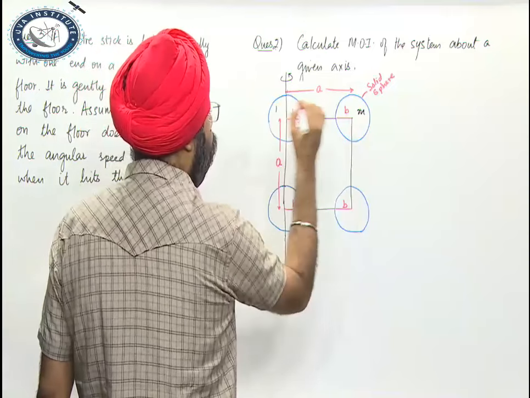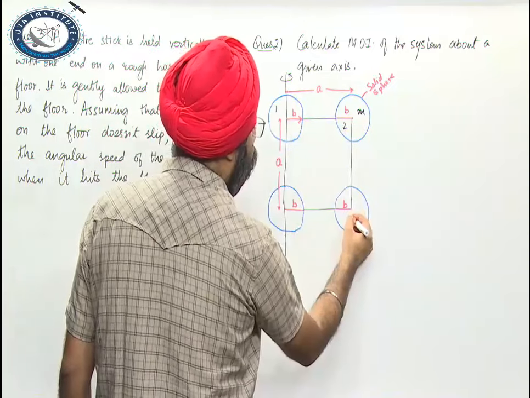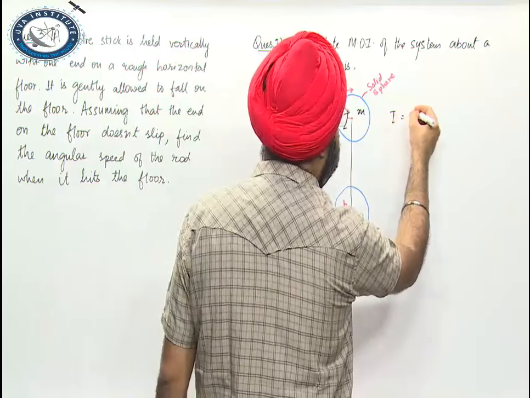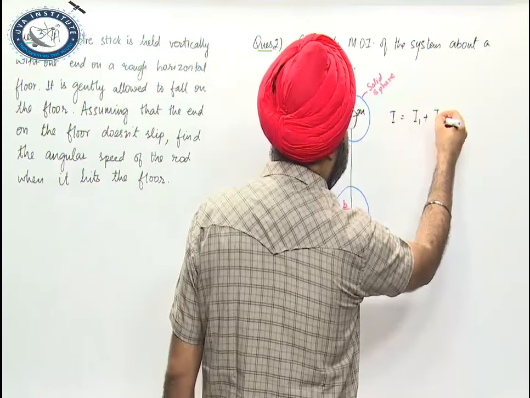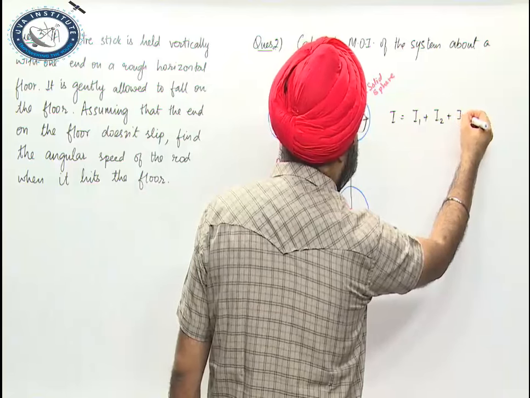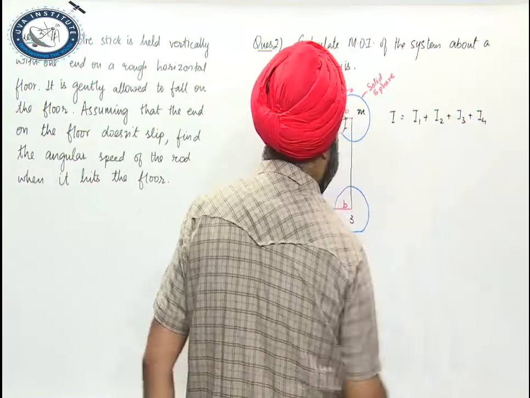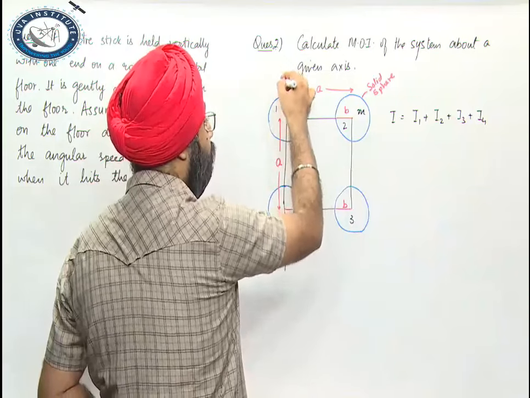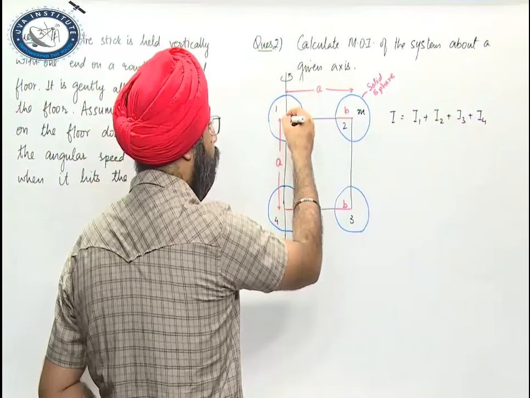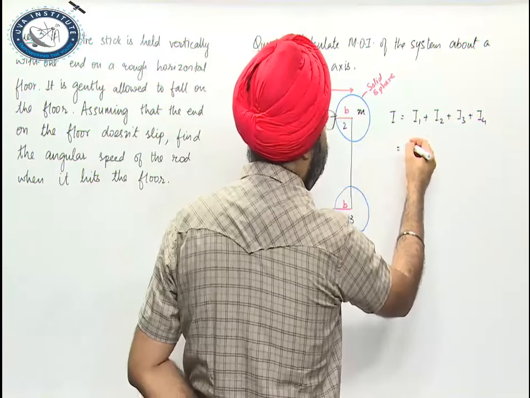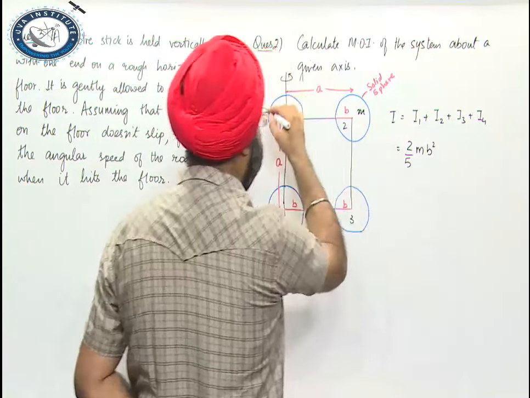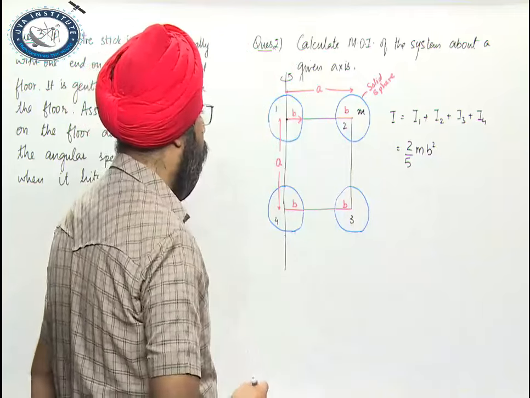Now let's name them sphere 1, sphere 2, sphere 3 and sphere 4. So my moment of inertia about the axis is I1 plus I2 plus I3 plus I4. I have to add them up. In this case, this axis is passing through the center of the sphere, so I1 is 2 by 5 m b square, where my radius is b.